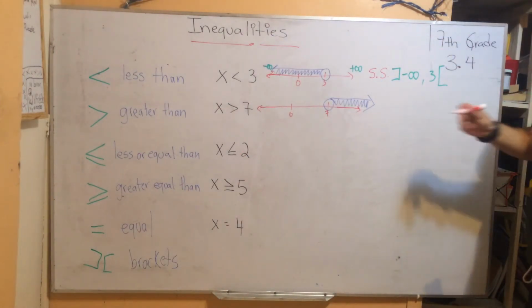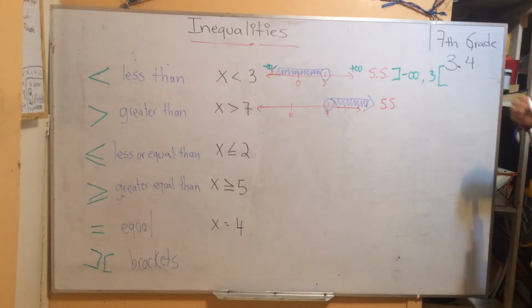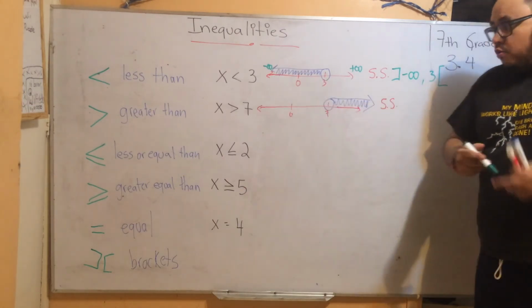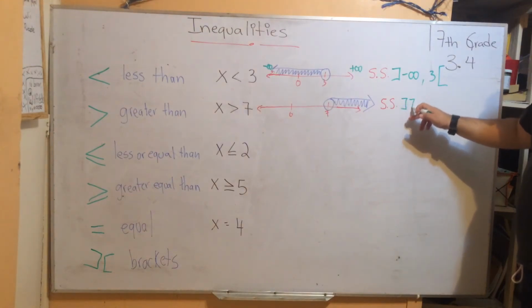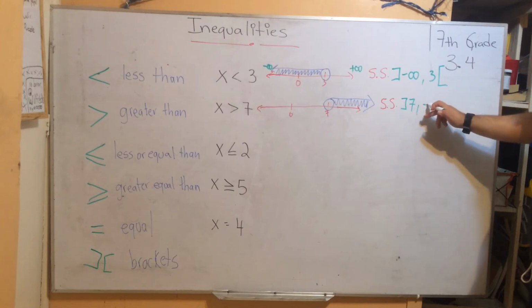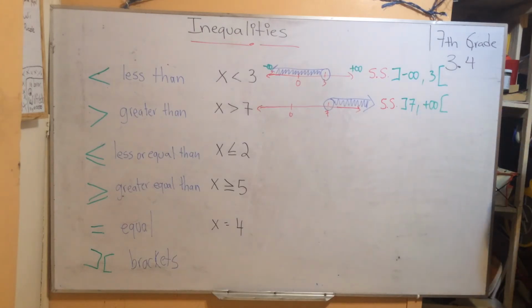Now, let's write our solution set. We're looking for numbers that make this inequality true. So, is 7 included? No. So we're looking for the values that move from 7 to positive infinite, and infinites are not included.